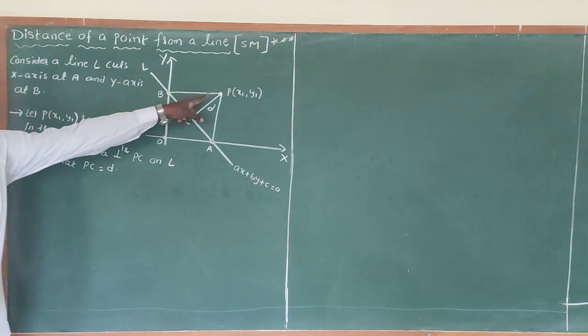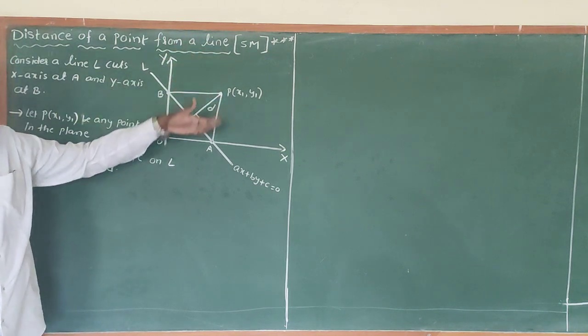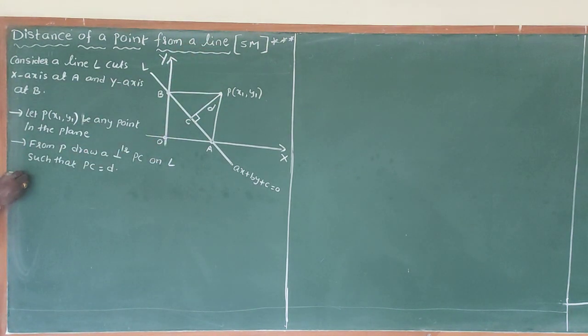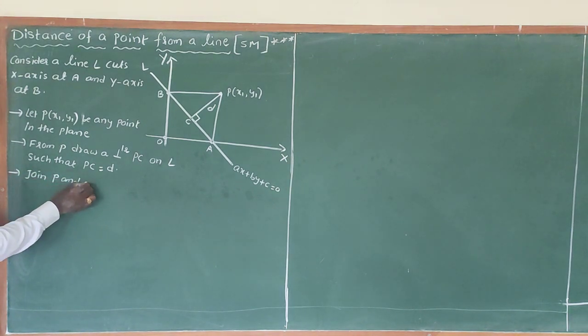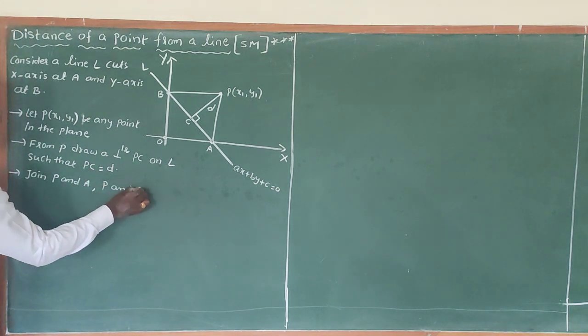So we need to find this d. Next, join P and B, join P and A.